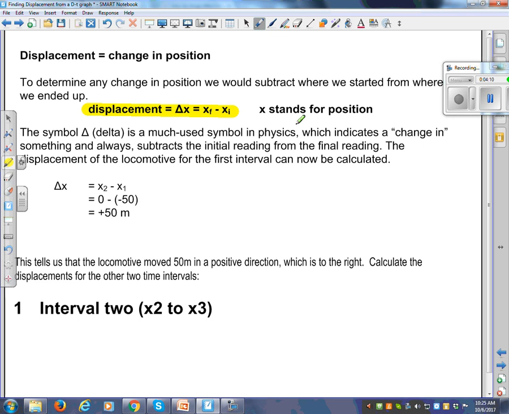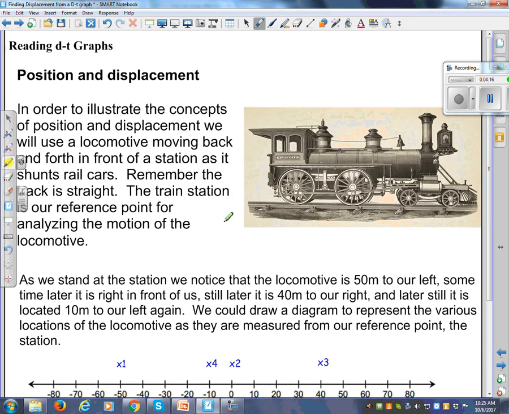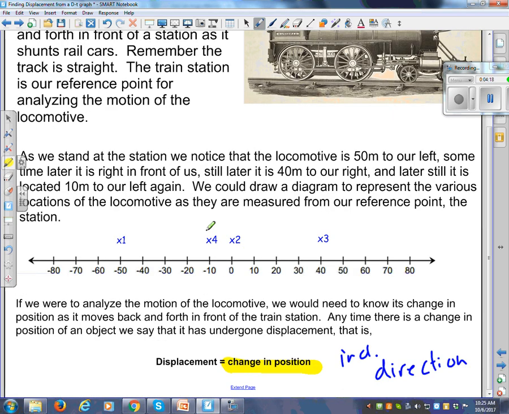Final minus initial. The displacement of the locomotive for the first interval can now be calculated. So we're going to go, what's the final position? From going from x1 to x2, the final is x2. Then I write xf, right? And the initial is the x1, right? xi.